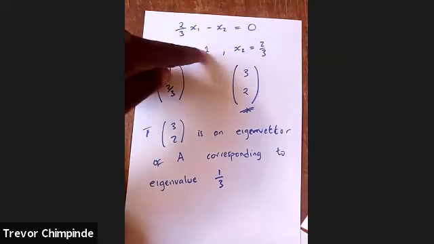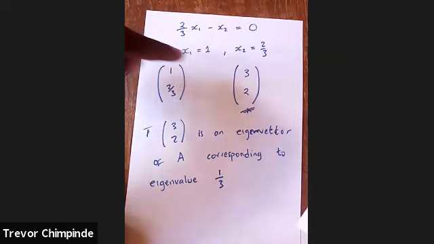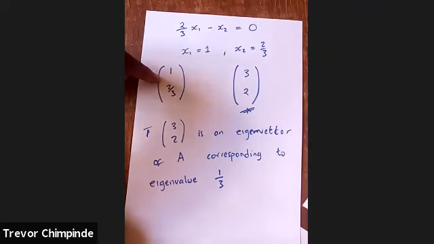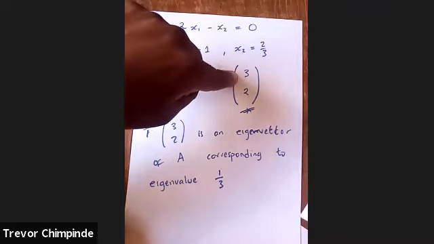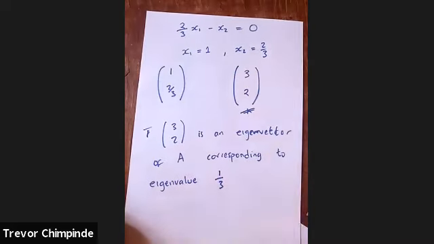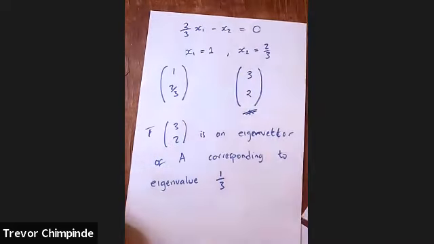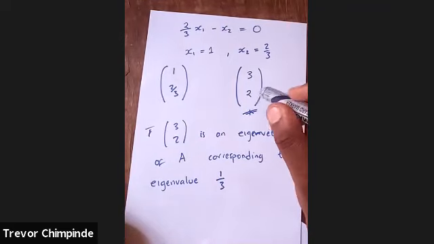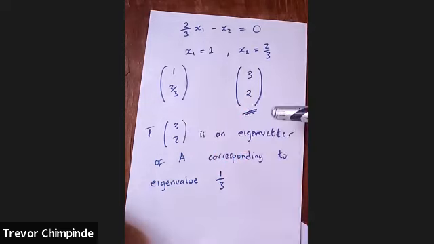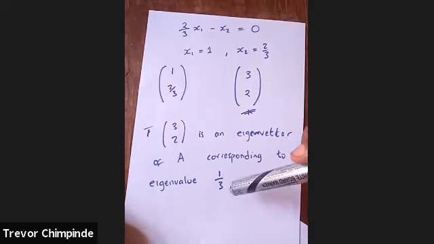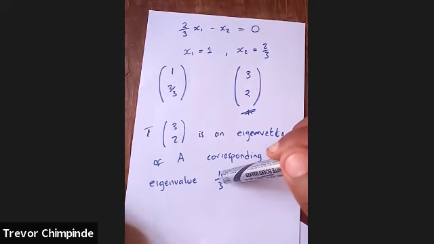So you get your x1 and x2, which gives you this as one of your solutions and this as your other solution. So you can choose whichever vector you want to work with. In this case, I chose this one. And so I say this vector is an eigenvector corresponding to eigenvalue 1/3.